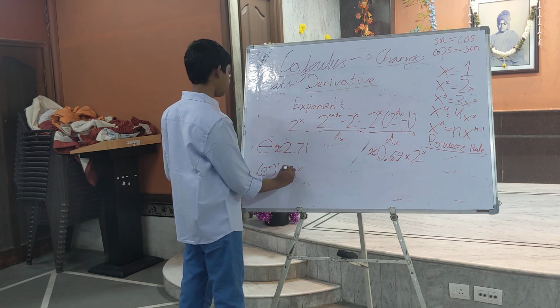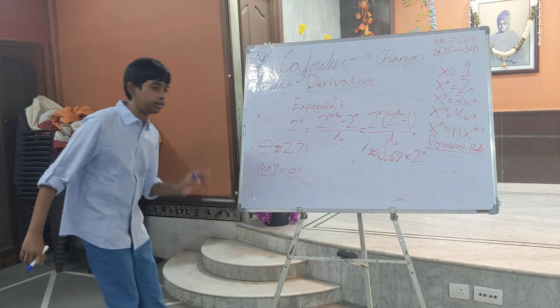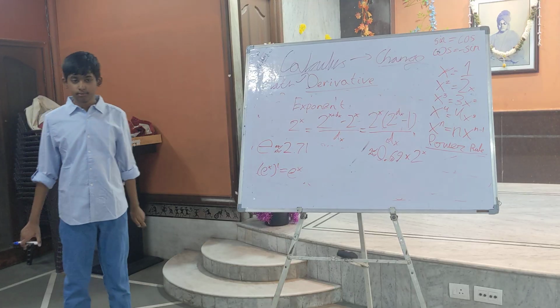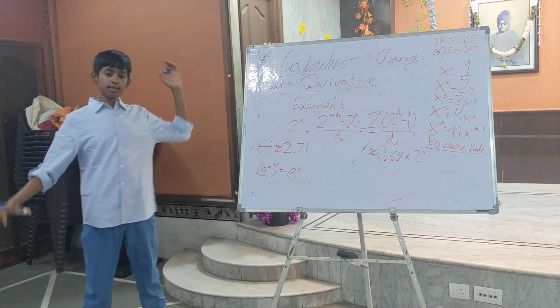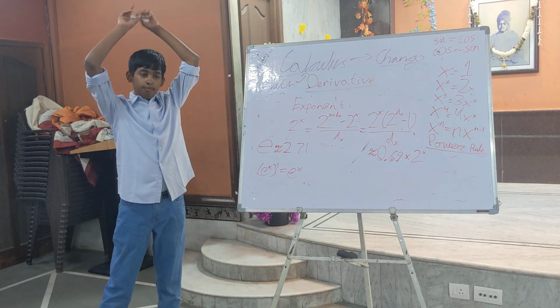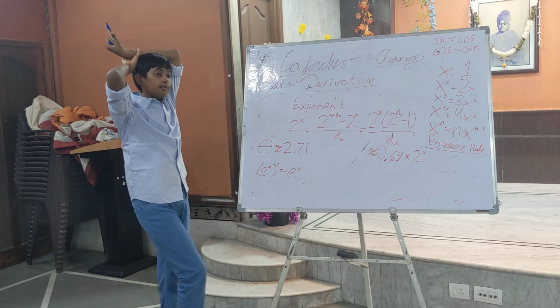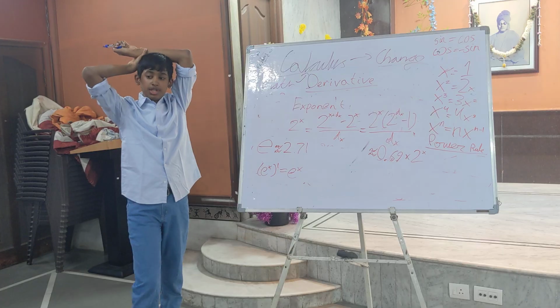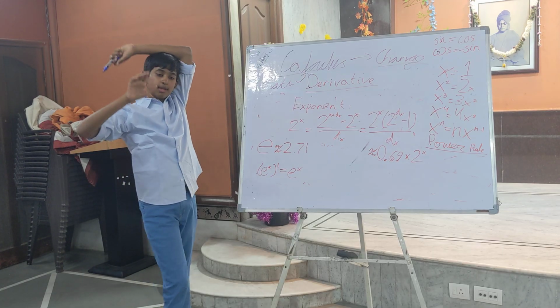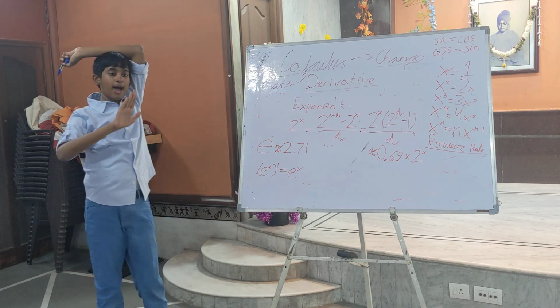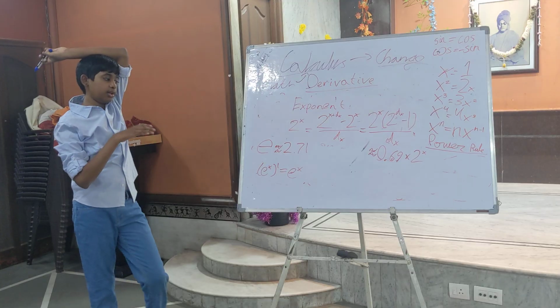The derivative of e to the x is equal to e to the x. Exactly. And this is a very important property of the function e to the x, for the special number e, that it is its own rate of change. The slope at every point is exactly equal to the value of the function itself.